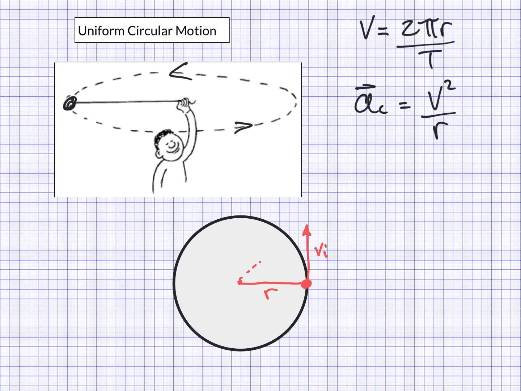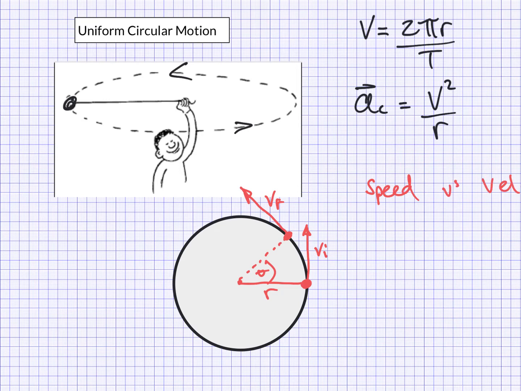At another instant in time, the object might have moved on a little bit around the circle, through some angle, and at this point there'll also be a new speed, tangential to the circle, which we would call the final velocity if we were just looking at these two instantaneous speeds.